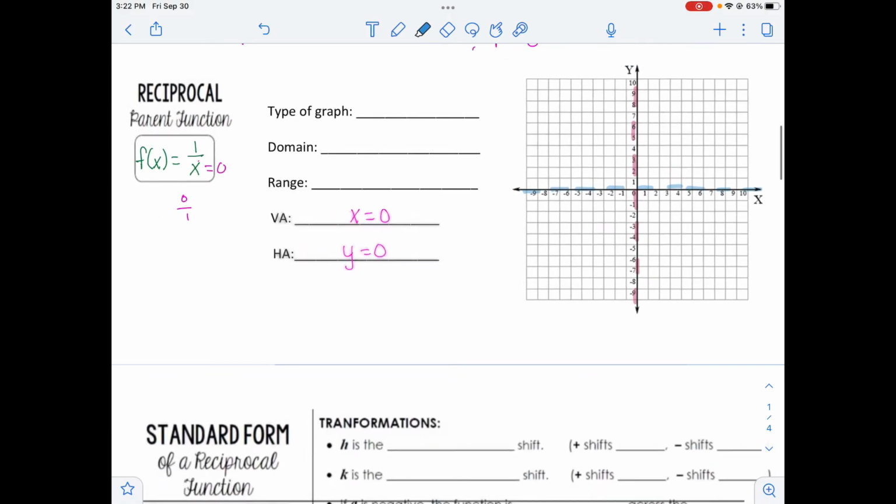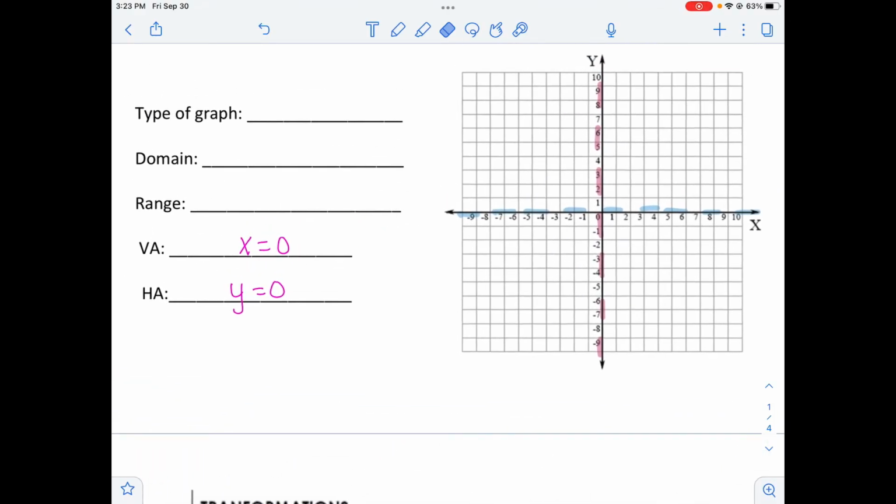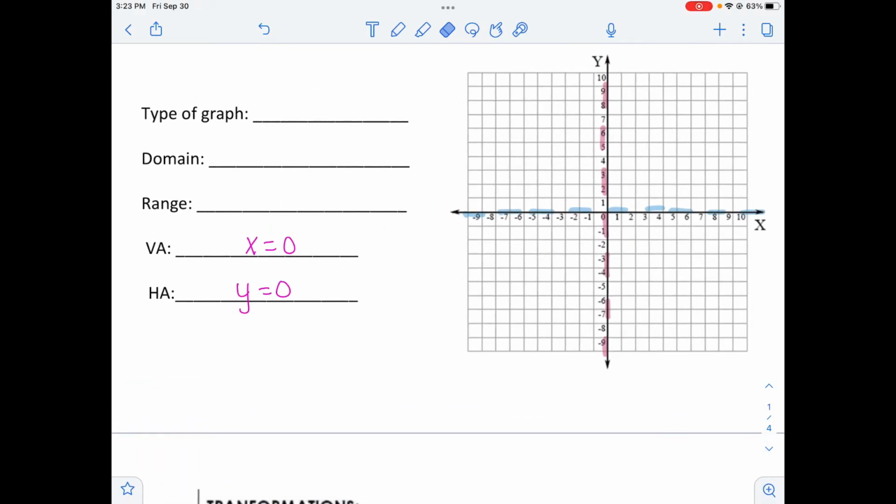Okay. Now, before we can tell what type of domain or range or type of graphs, we got to have a graph on here. So a lot of times people just memorize what the parent function looks like, and of course I know, but if we don't know what it looks like and we need to graph it, we can just pick some points. We know that we're going to pick on either side of this vertical asymptote, so we could put in 1 and see what we get.